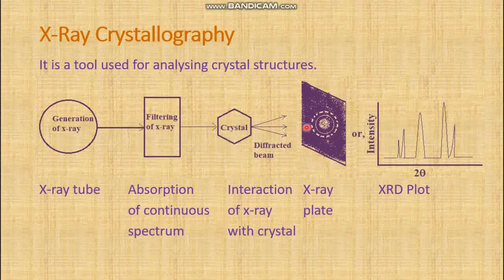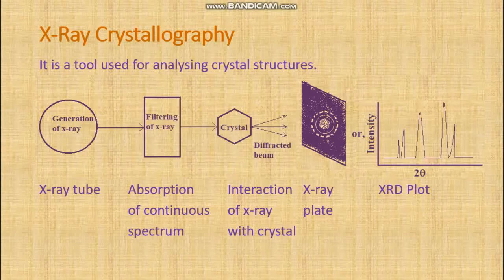But before that, let's have a whole view of the thing. This X-ray is allowed to fall on the X-ray plate. Then this type of pattern is obtained, or nowadays this type of graphical presentation is obtained, in order to discuss the size, shape and detailed information regarding the position of the atoms in the crystals.